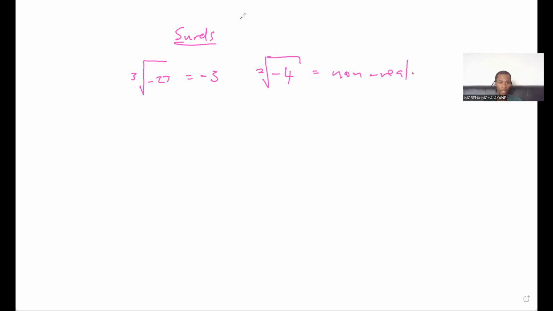We need to pay attention to these things. This is odd. This is even. So for all surds with an even root, if I have an even number as a root here, it's not going to be defined.